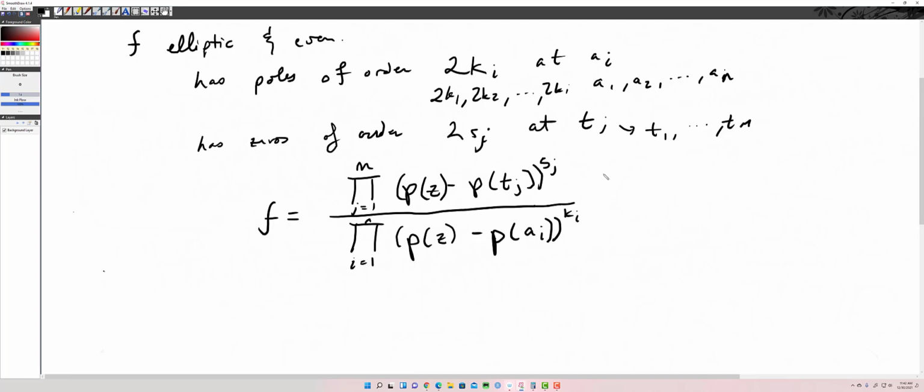So we can name another rational function that takes care of the remaining poles, and we'll call this RP. And then another function that takes care of the remaining zeros. And what I'm left with is some rational function of p of z that has exactly the poles I want, and the zeros.